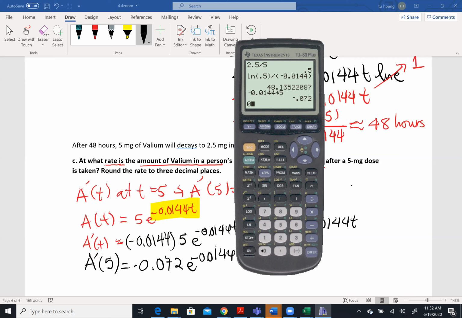Negative 0.072 times e to the negative 0.0144 times 5, and that should be the answer, negative 0.0669.